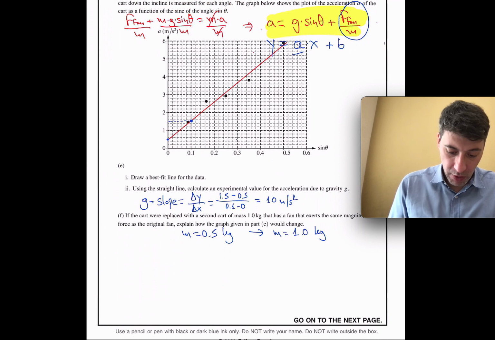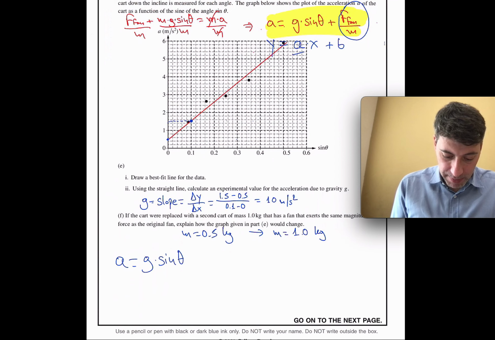So we would mention that, basically we need to explain why, because again we bring the equation g times sine theta plus force of the fan, which was, if I remember correctly, 0.4 divided by the mass.